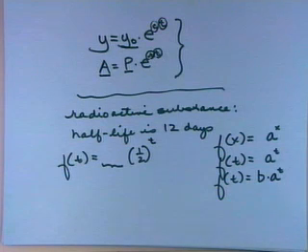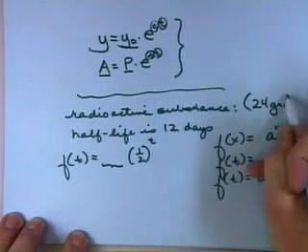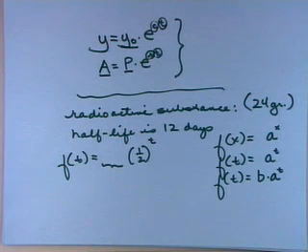So I want to be able to plug in a certain amount of days into that t position. And then when I plug that in, I want it to generate how much of that radioactive substance is left. Let's say that we have 24 grams of this radioactive substance. Okay?